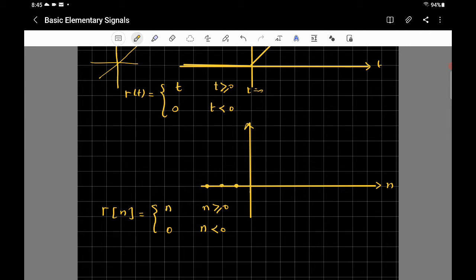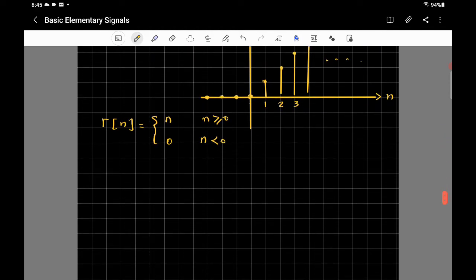So when n equals 0, it's equal to 0. When n equals 1, it's equal to 1. When n equals 2, it's equal to 2. When n equals 3, it's equal to 3, and so on. It will be very similar but discrete in time. Of course, you can continue.